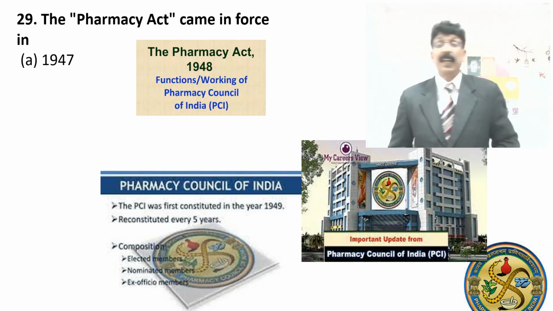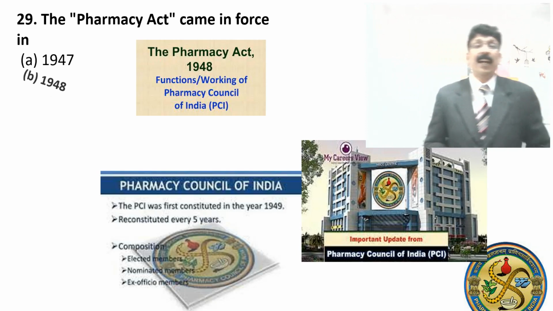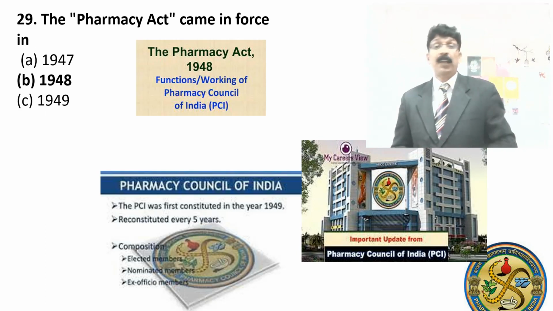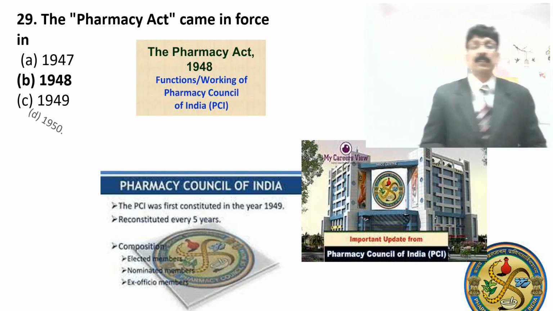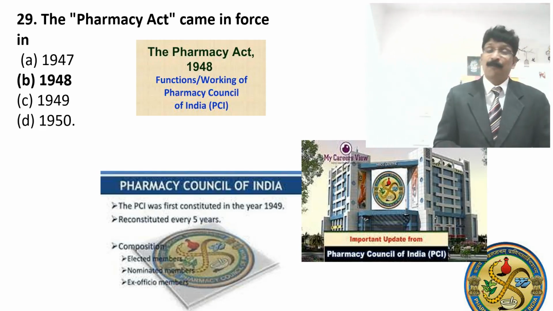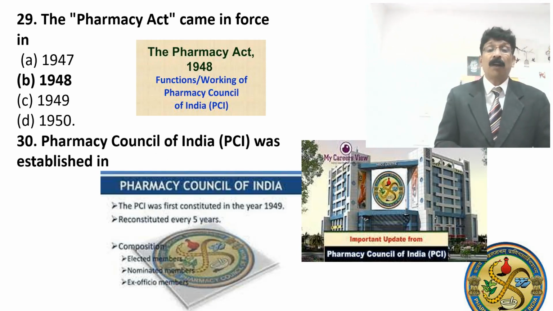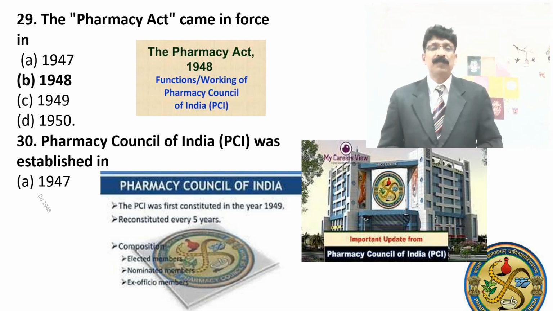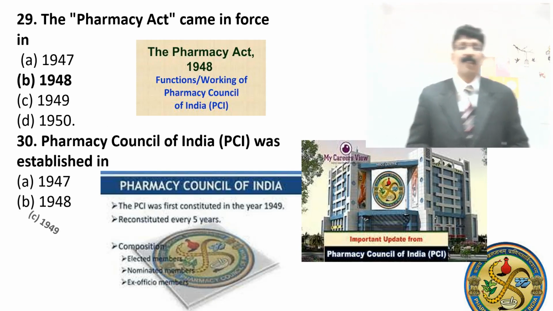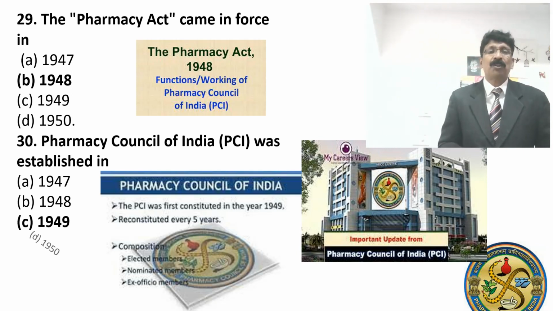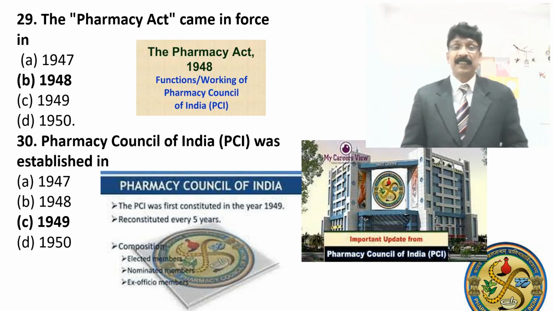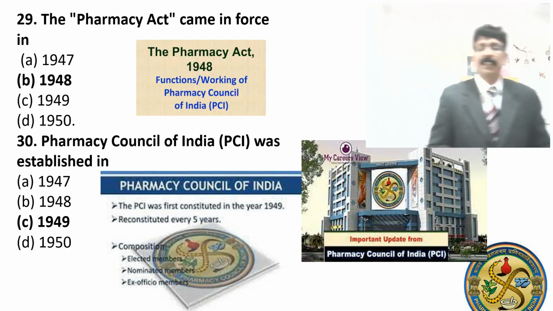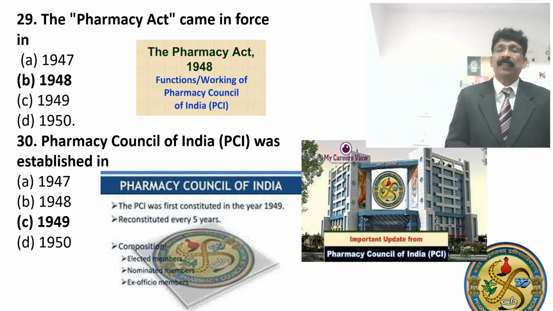In 1947, no. 1948, the act. 1949, not the act, the council was established. 1950, no. So you have the answer to two questions very easily. I hope you will remember: the act was in 1948 and the Pharmacy Council was established in 1949.